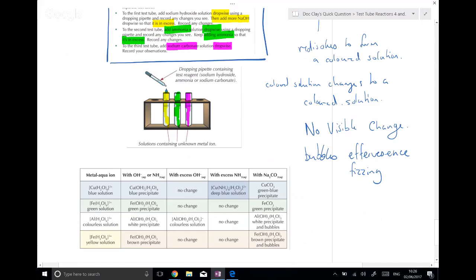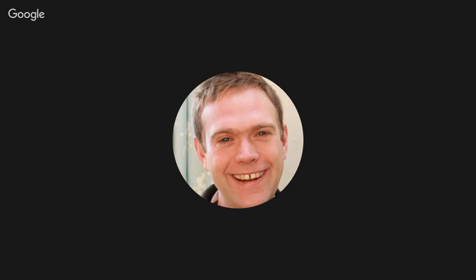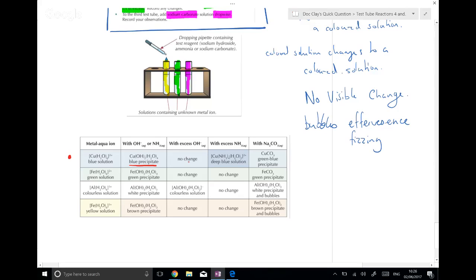You need to be able to know the following about copper: it forms a blue precipitate on the addition of hydroxide or dropwise ammonia. There's no change when added to excess hydroxide, and then there is a deep blue solution when excess ammonia is added, and we get a ligand substitution reaction. With sodium carbonate, we get a precipitate.